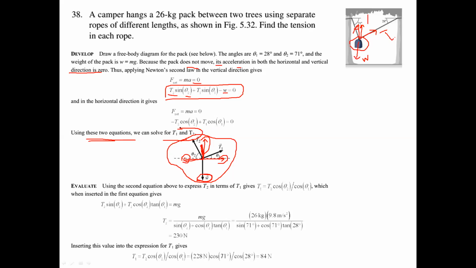Okay, and then after you get these equations, you will do some algebraic calculations and arrange them to solve for T2 and T1.